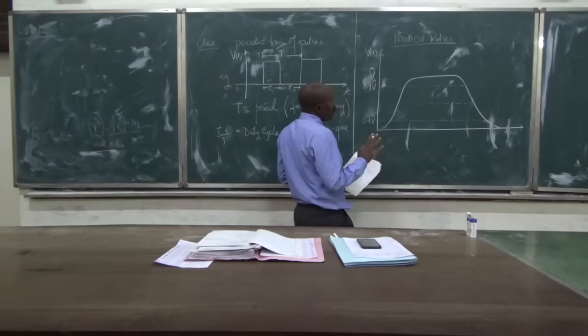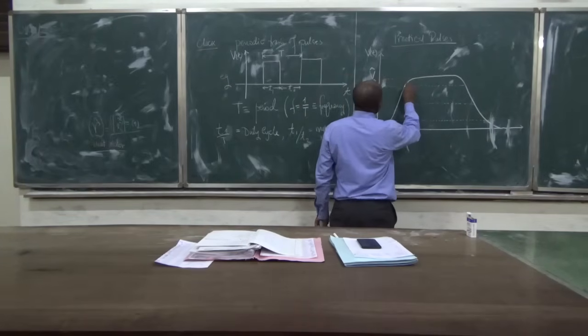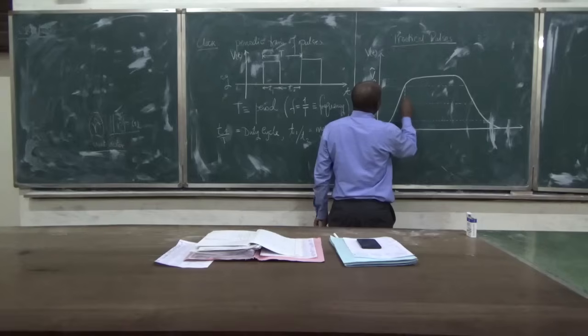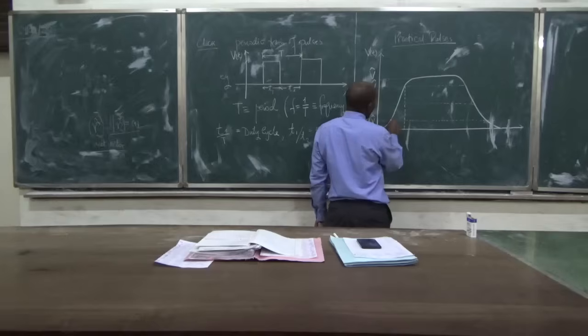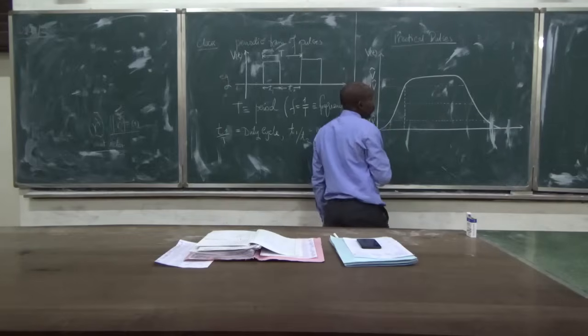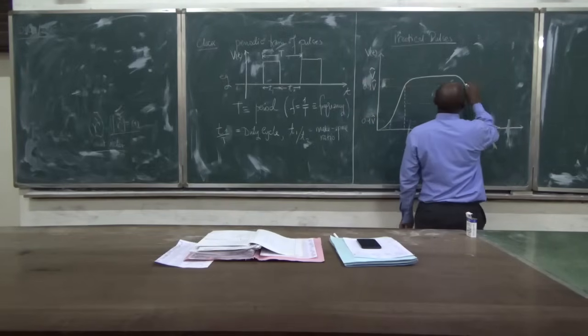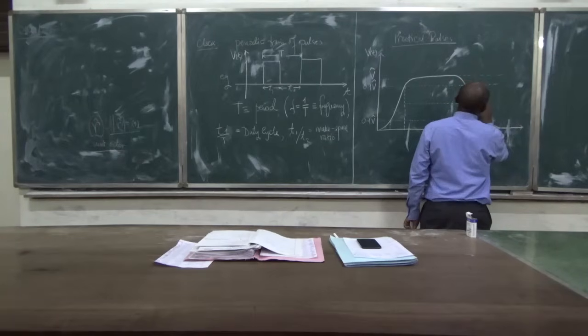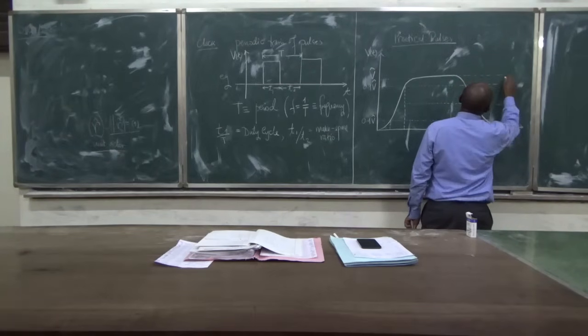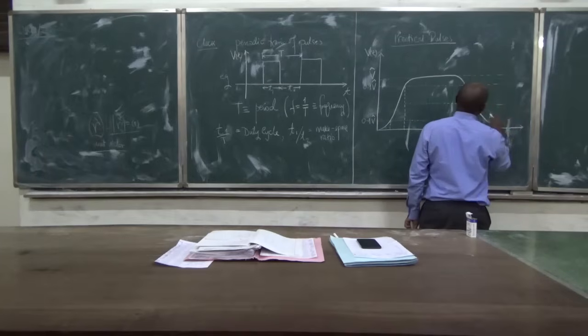And then we have what we call the 90% rise: the time to rise to 90% and the time to rise to 10%. Also on this other side, we have the peak, the 90%, the 50%, and the 10%.